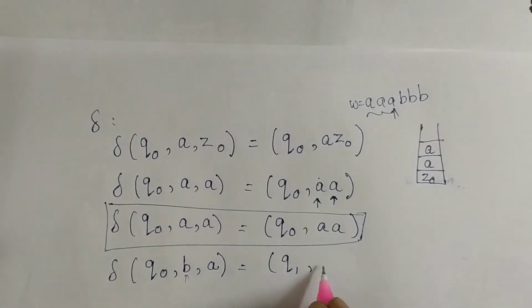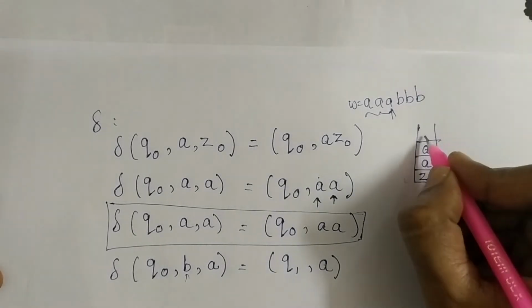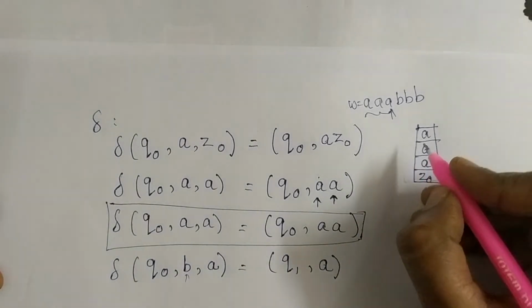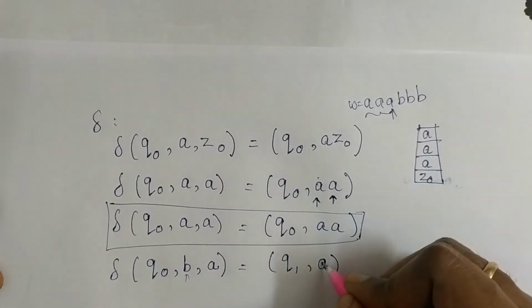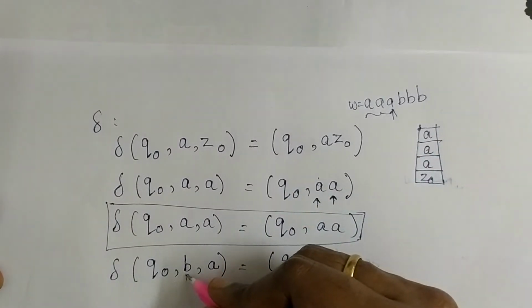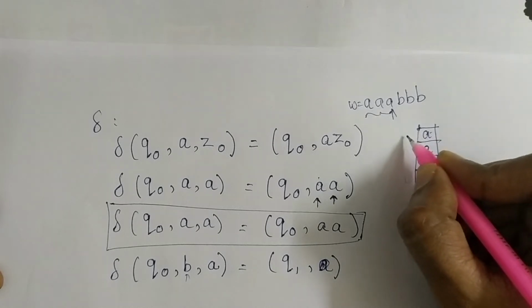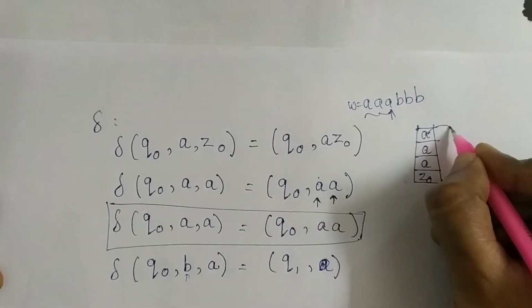And now what is on the top of the stack? What is actually happening is that while we are reading the symbol B, one A will be popped. That is our logic, right? When we read a B, one A will be popped out.